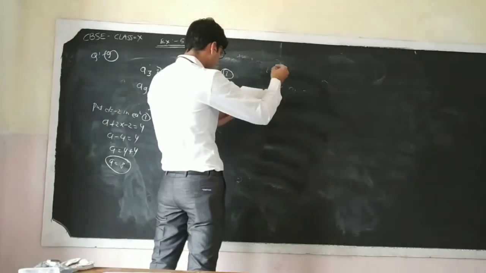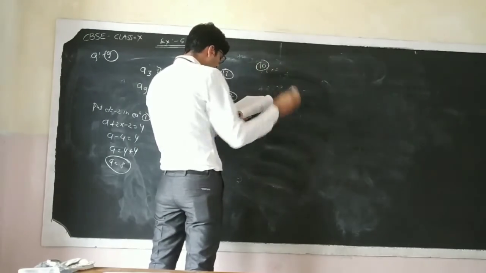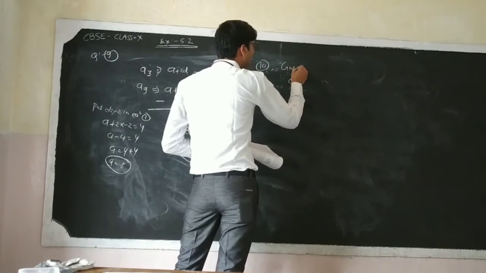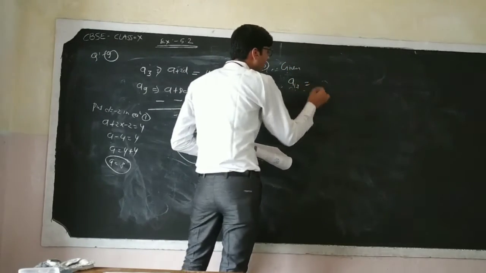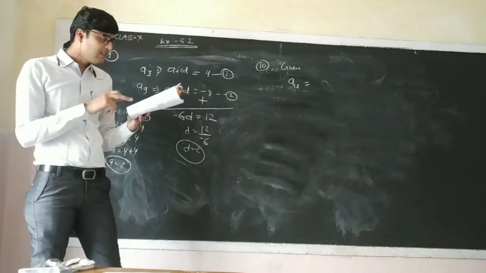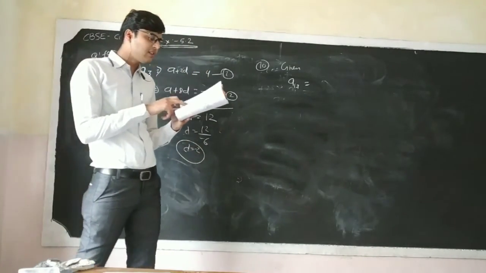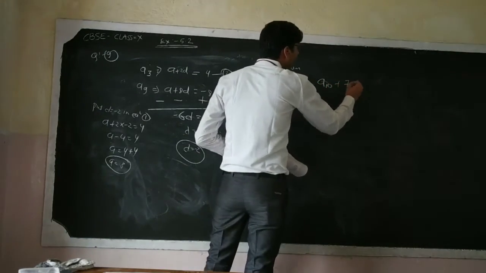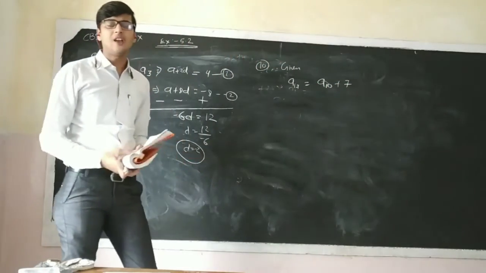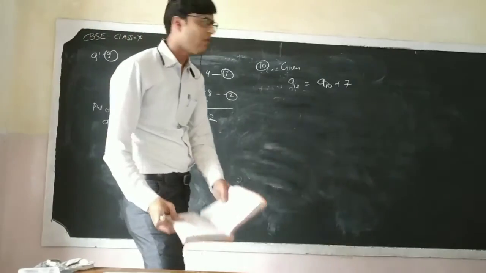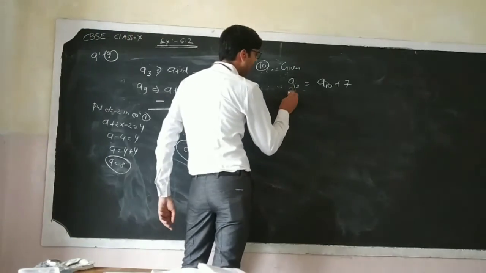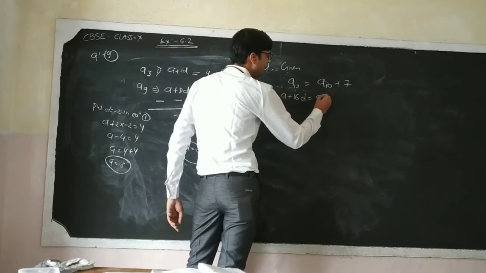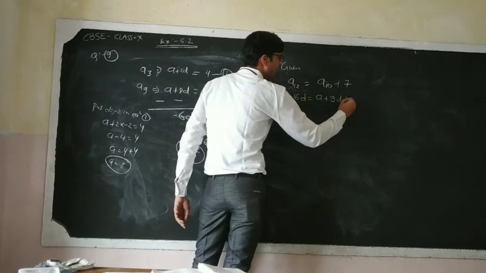Here a17 is a plus 16d, and a10 is a plus 9d plus 7.